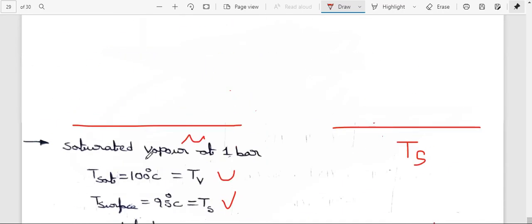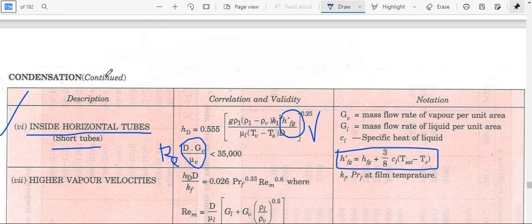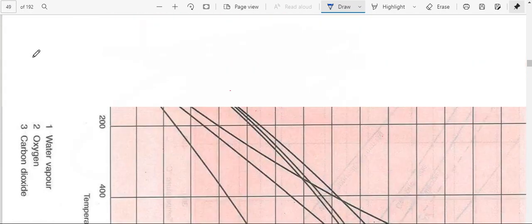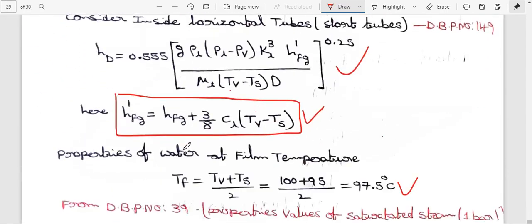In this question we have mentioned saturated vapor at 1 bar. That's why I'm considering all values at 1 bar. That means data book page number 39.